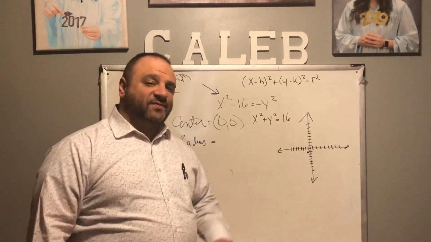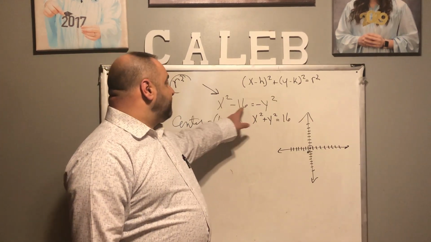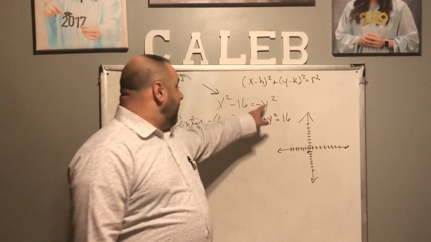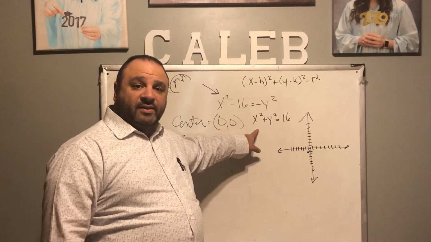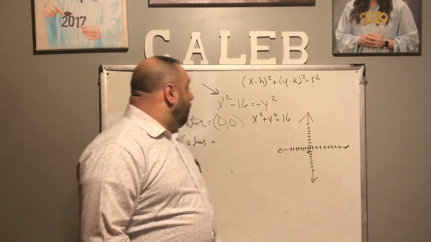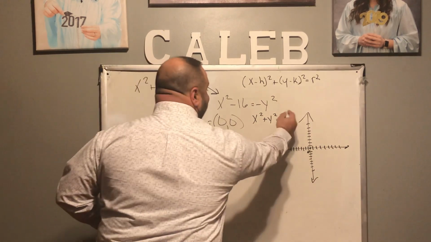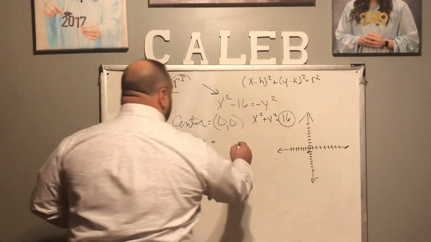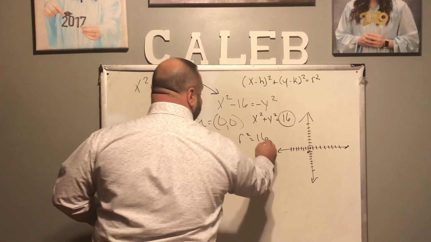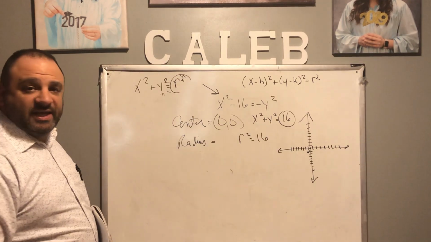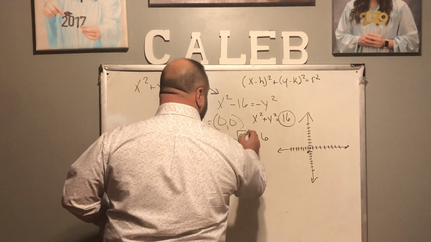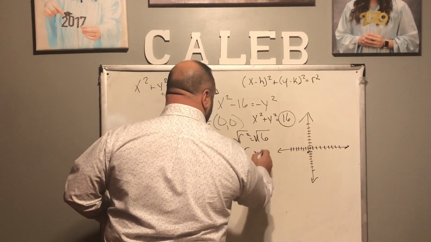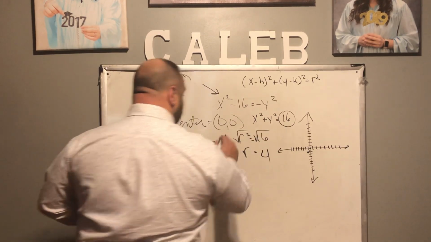If I went a little fast for you, all I did was add 16 to both sides, and add y squared to both sides. I applied the addition axiom of equality. Now, how do I find what the radius is? We're going to go r squared equals 16. Find the square root of both sides. r equals 4.